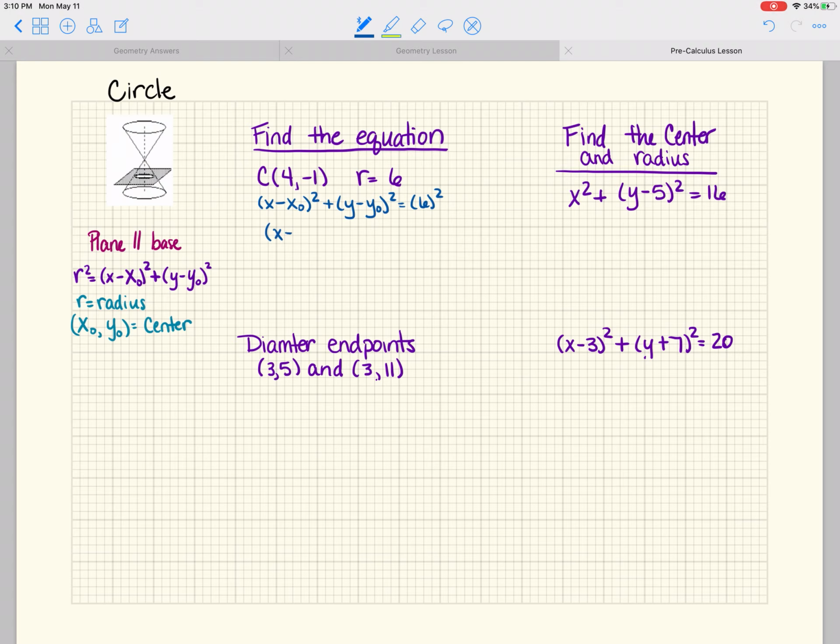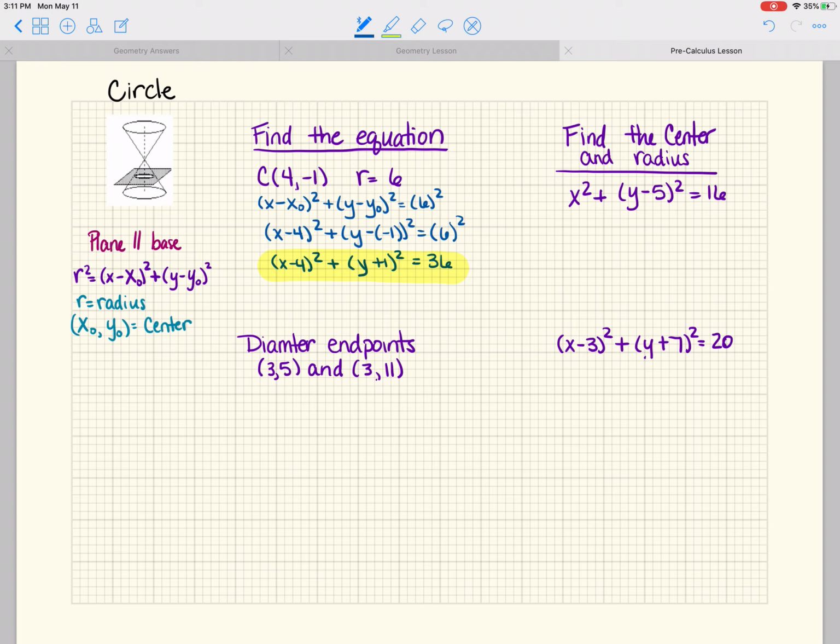Plugging in the information from the center and the radius and simplifying, we get (x minus 4) squared plus (y plus 1) squared equals 36. And that would be the equation of that circle with a given center and radius.